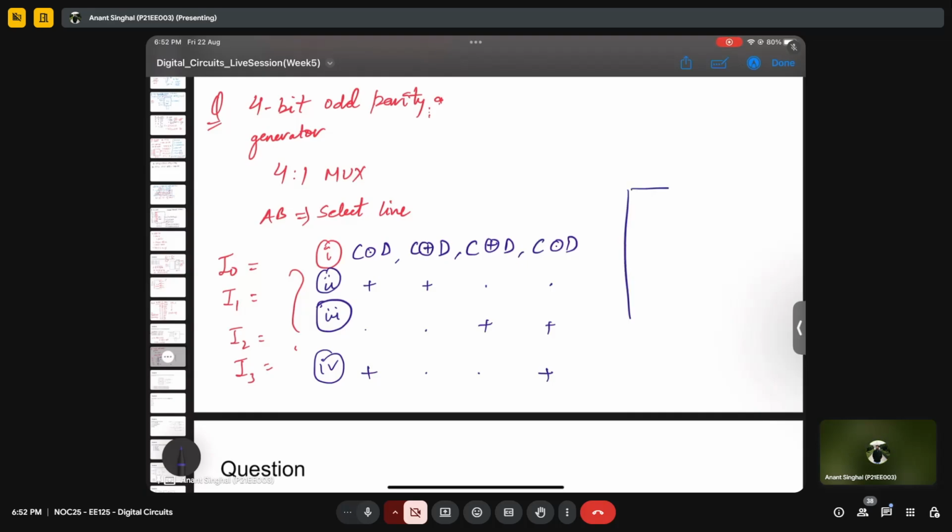So again, you have to do it using a 4x1 mux, where A and B are your select lines. You have 4 inputs which are I0, I1, I2. Sir, you are asking how to use a mux as a parity generator, sir?